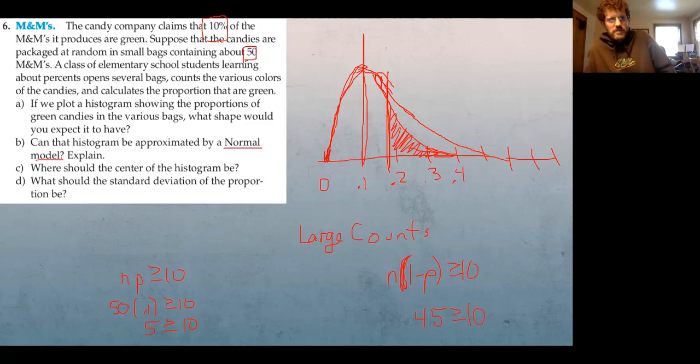But on this note, as a brief aside, if you came across an FRQ where they wanted you to do a lot of calculations, but it failed one of the assumptions, like the large counts here, what you could do is continue on and do your calculations and just make a note to say, we didn't actually meet this condition, so the numbers that I'm about to calculate aren't exactly accurate, and take results with a grain of salt, more or less. Hopefully we have a lot of examples like that.